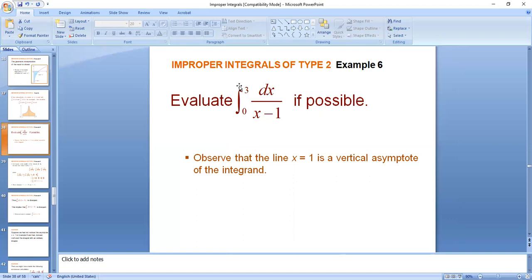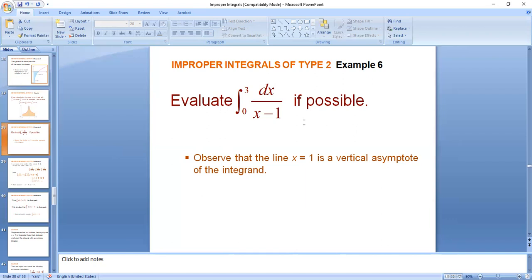If I substitute 3, the answer will be 1 over 2 because 3 minus 1 is 2. So you say, okay, this is an ordinary integral. But look, if you substitute a value of 1, which is in between 0 and 3 here, you will have division by 0. You will have 1 over 1 minus 1, and that's division by 0. So this integral should never be considered as an ordinary integral.